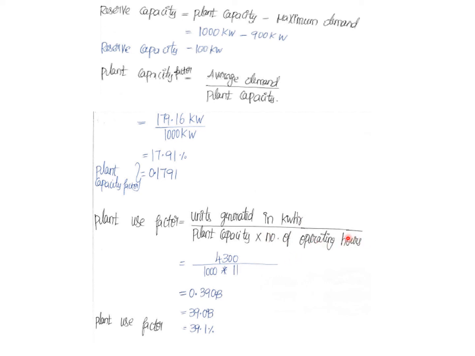For this data only 11 hours are used, and the remaining 13 hours are no load. So substituting units generated 4300 divided by plant capacity 1000 into 11 operating hours, my answer is 0.39, or 39.1 percent.